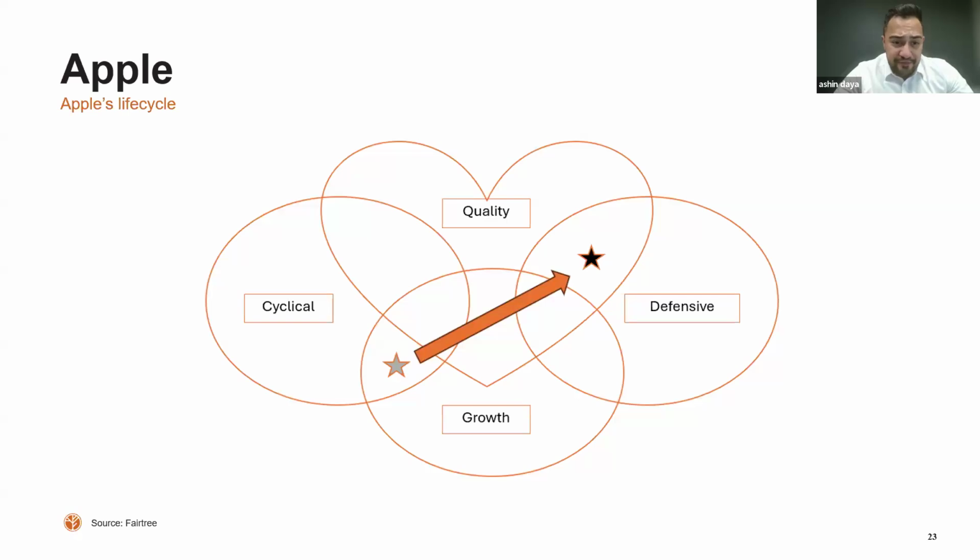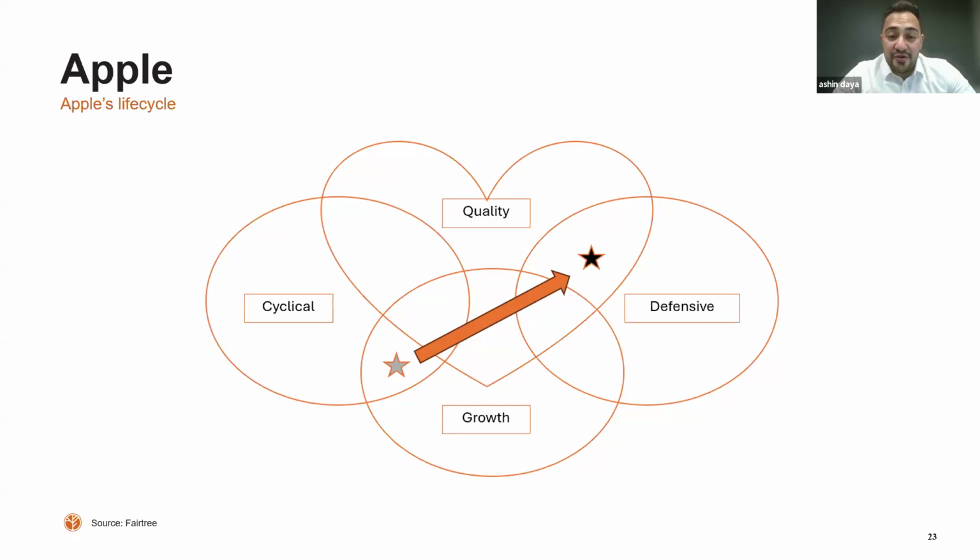So previously, Apple was predominantly exposed to handsets, as I showed just after 2007 when they launched their first iPhone, very high growth. But then we saw a very sharp cyclical decline after a few years of very strong iPhone sales. And that's why we think Apple was more of a cyclical growth company at that stage.